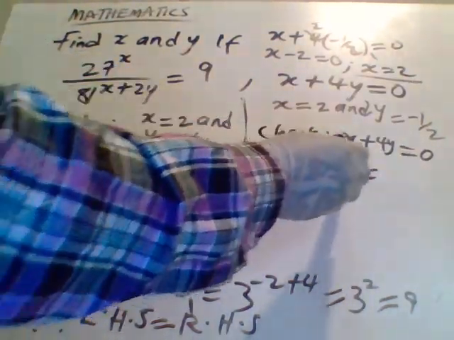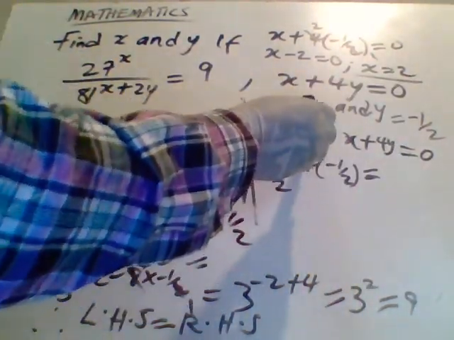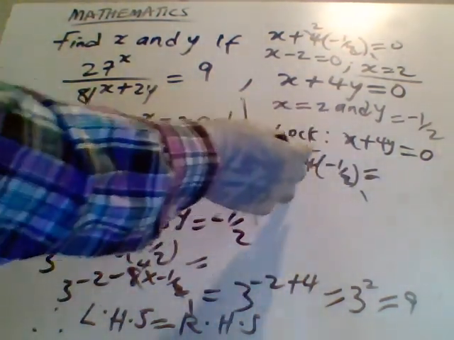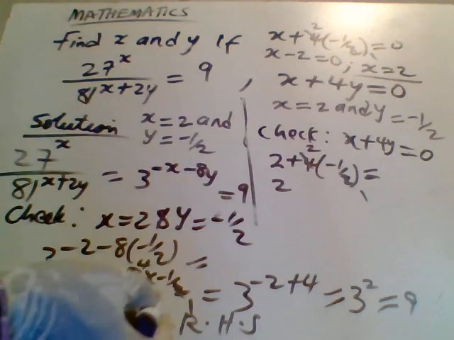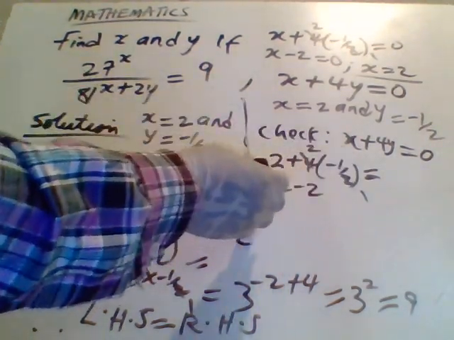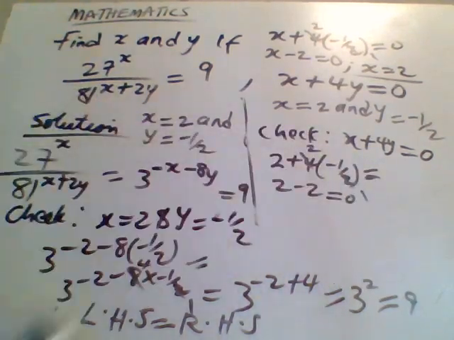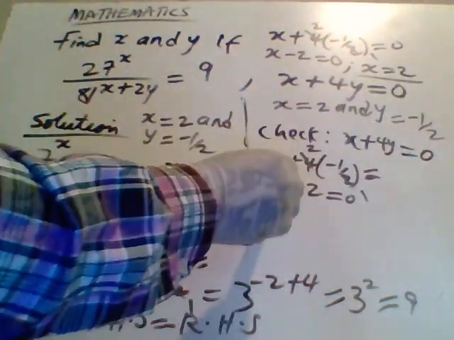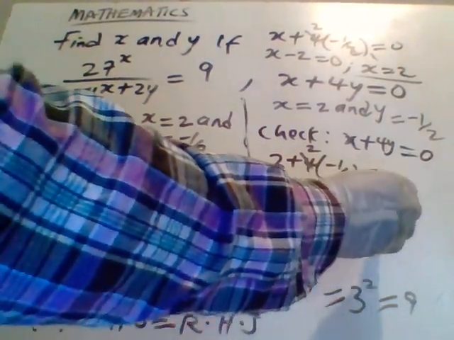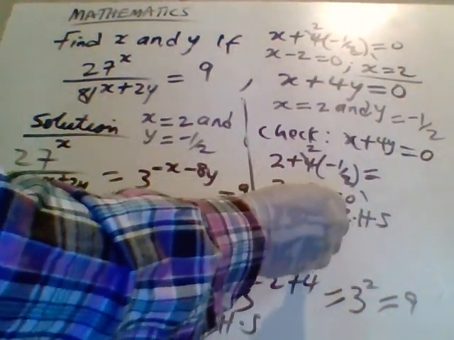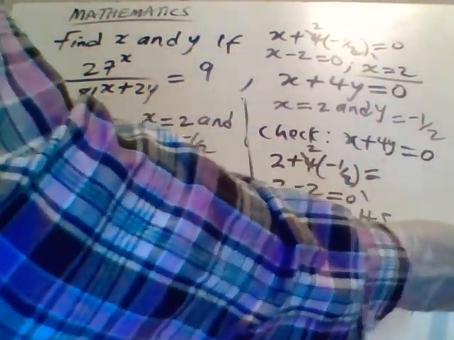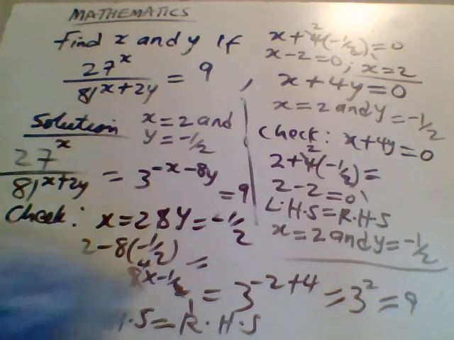So let's solve for this one. 2 and 4 can cancel, 2 can divide itself to give us 1. 4 divided by 2 will give us 2. Plus 2 times minus 1 will give us minus 2. So 2 plus 2 minus 2 is equal to 0. So left hand side is equal to right hand side. That means that x is equal to 2 when y is equal to minus half. So our answer is correct.